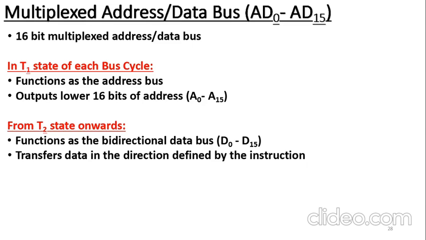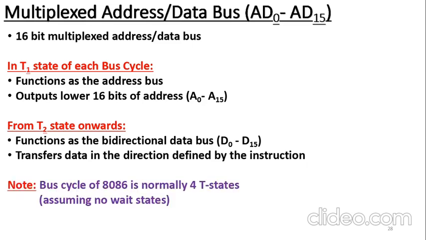If that instruction is used for reading data from an external device, memory or I/O device, in that case data will come towards the processor, meaning the data bus functions as an input bus. Whereas whenever we are sending data to external memory or an I/O device, data from the processor flows out to that externally connected device.